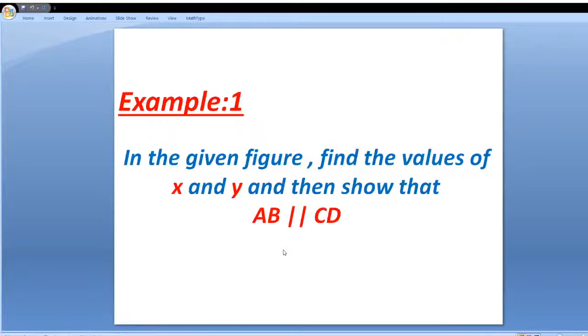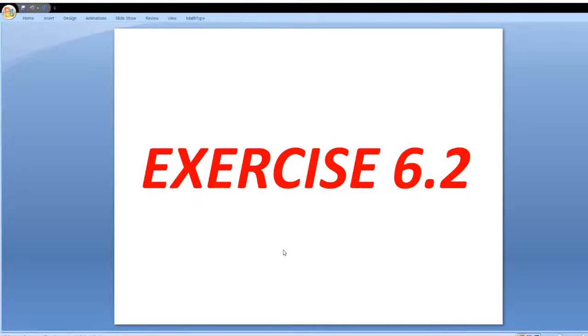Okay, now the exercise, here is exercise number 6.2. Okay, so open your textbook and see page number 103, page number 103.